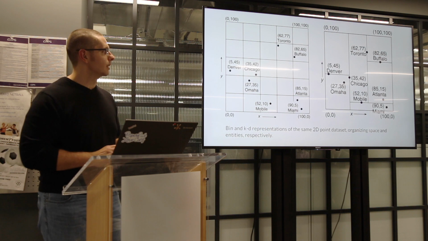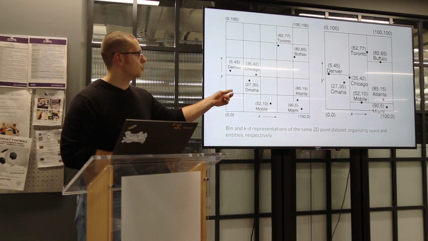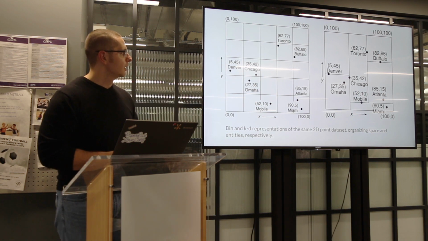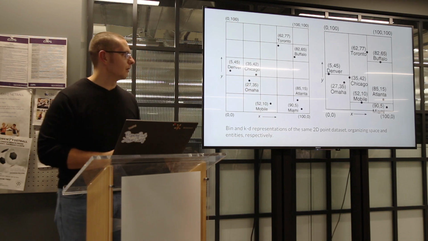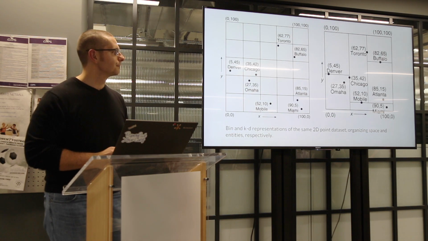And so when you were going to run a query, for example, from 2020 to 4040, you would find Chicago and Omaha within that range query that you run.